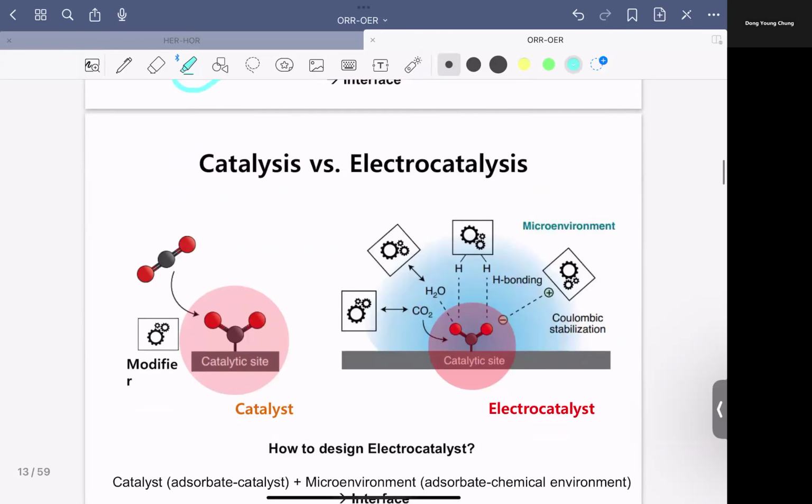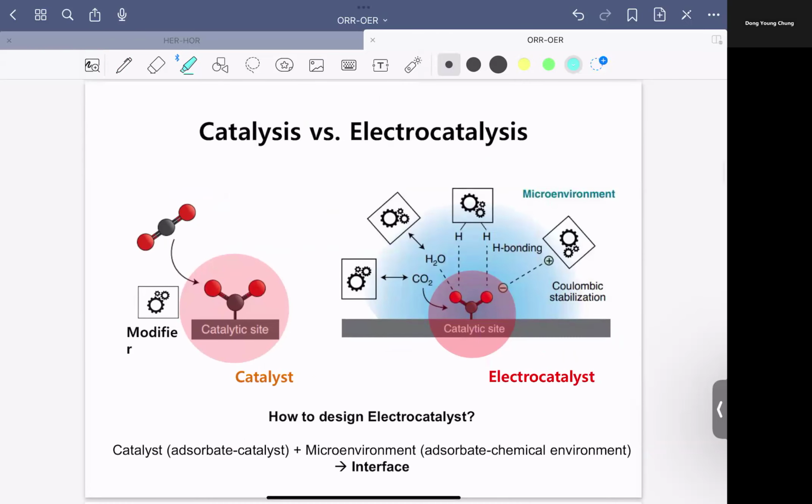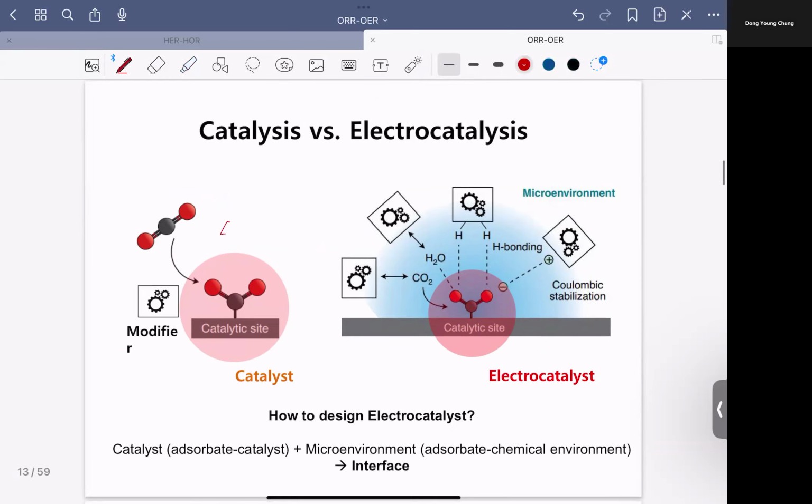So not surprisingly, how to design the electrocatalysis, we already know that. In catalysis, the major descriptor is to control delta G, the energetic factor, right? So in catalysis, we would like to control how the adsorption energy can be controlled by doping or by the certain active site or structure-function relationship or something like that.